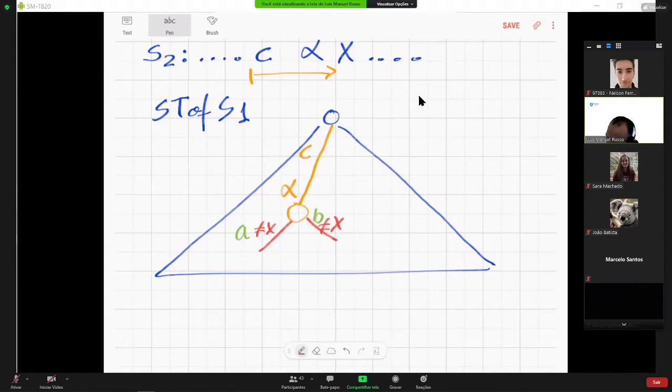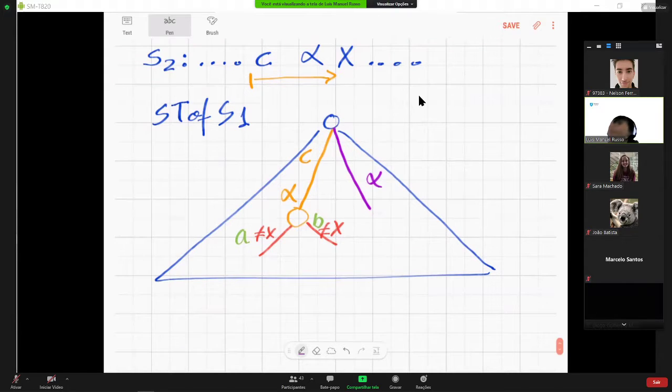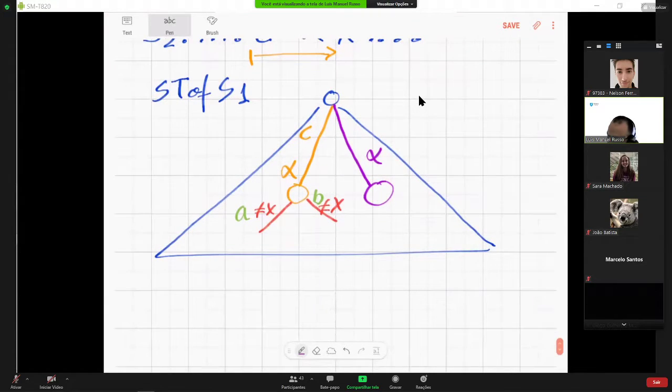I'll go again to the root, and I'll start at the root and search for alpha. And now, if this thing over here is a node, that means that there must be a node over here.